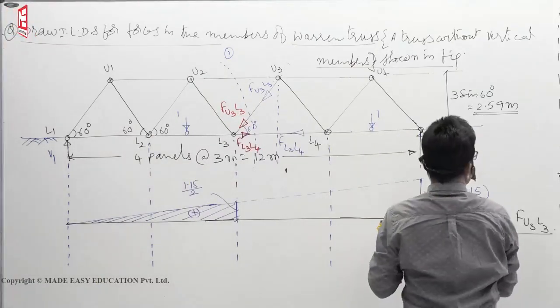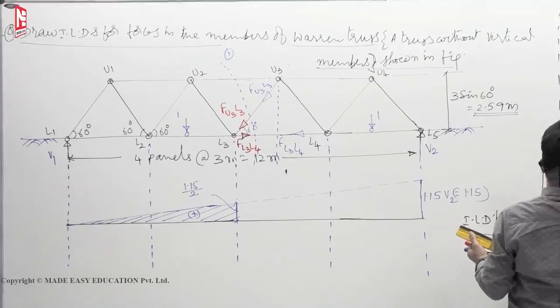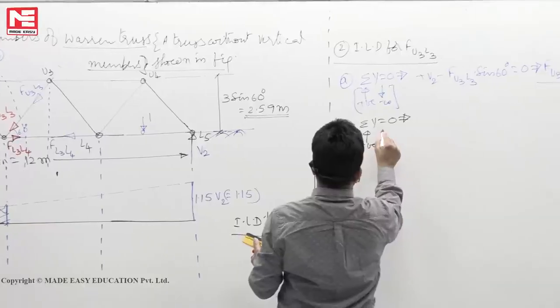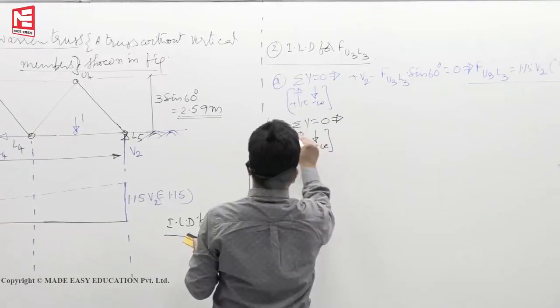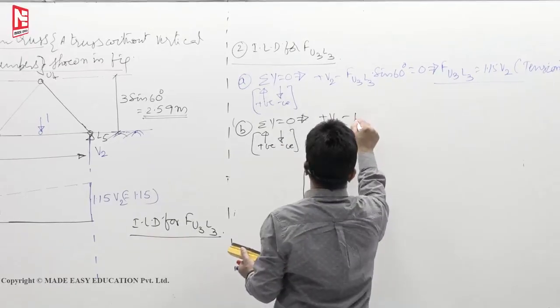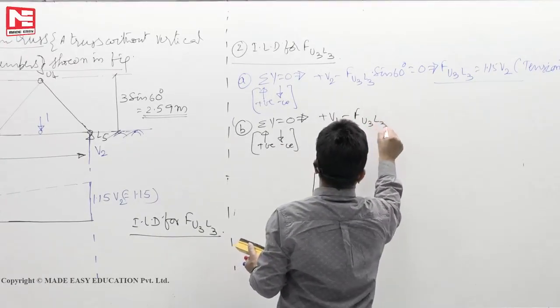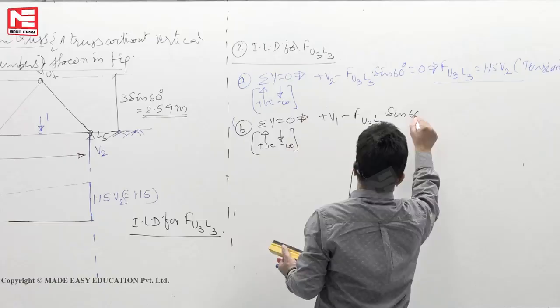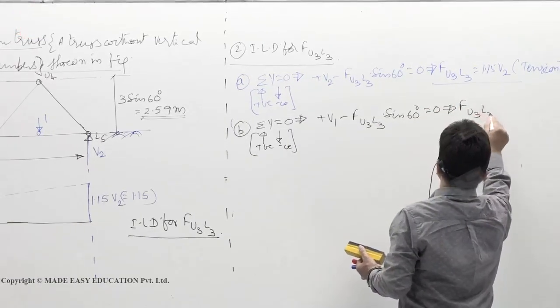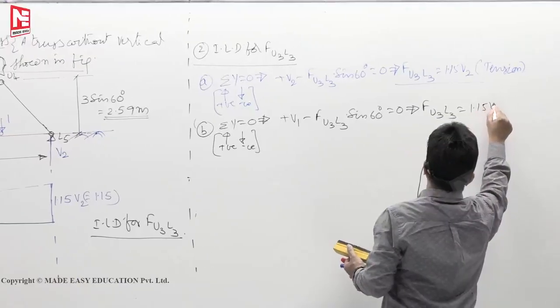Now if you write sigma y equals 0, plus V1 minus FU3, L3 sin 60. So you will get FU3, L3 is equal to 1.15 V1.